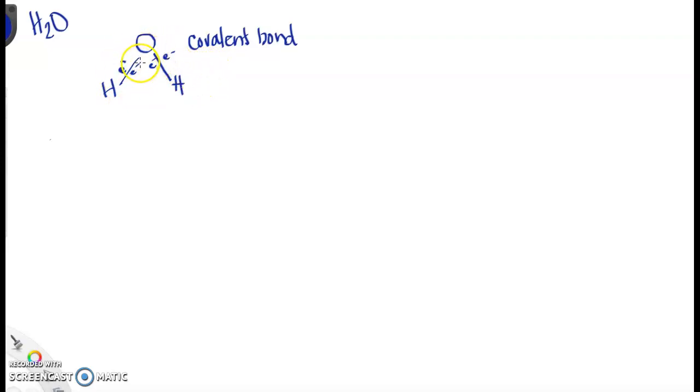But you can see I drew it kind of weird. If I drew it like this, it would mean that the electrons that are being shared would be being shared equally. They would go around and spend the same time with everybody. Just equally.